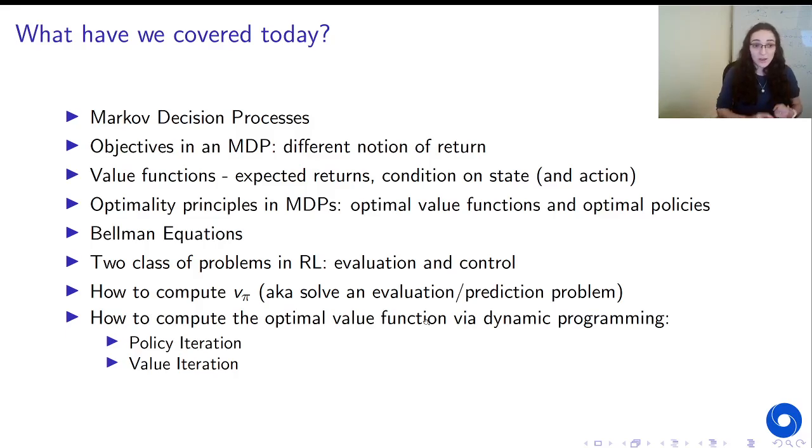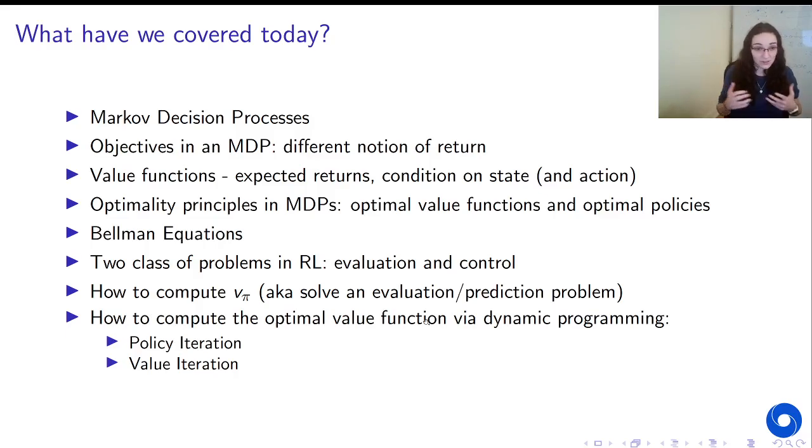We also looked at the rich structure that value functions have, described by the Bellman equations, and we've seen how to use these equations in order to tackle the two classes of problems in RL: evaluation and control.